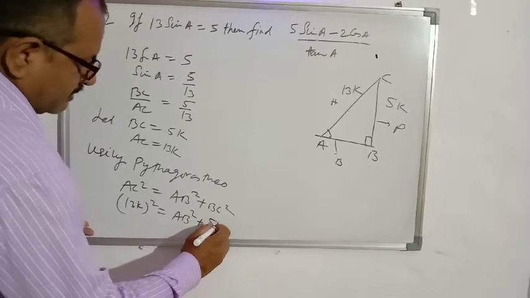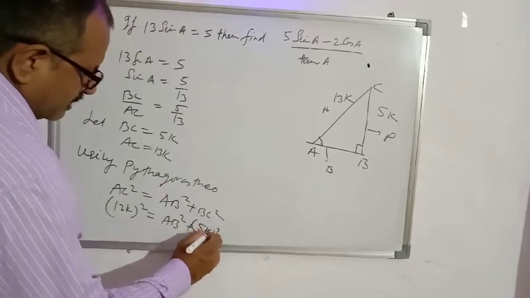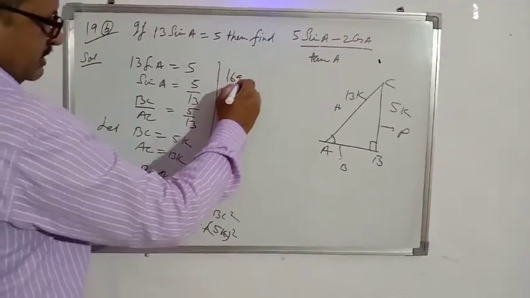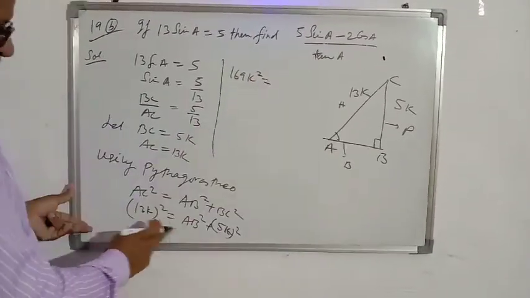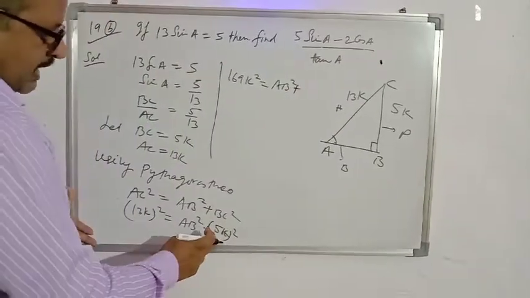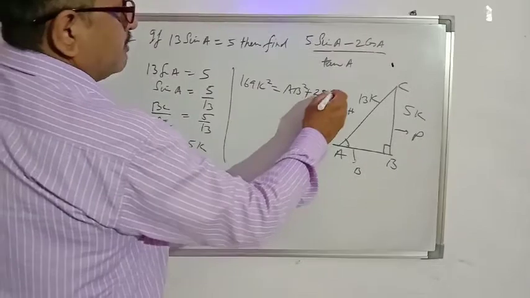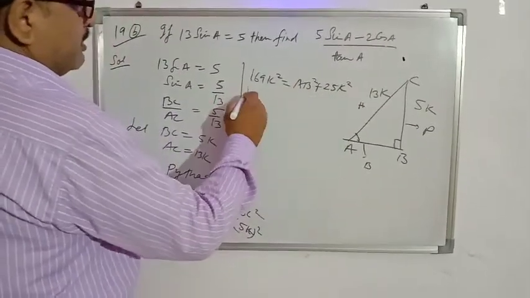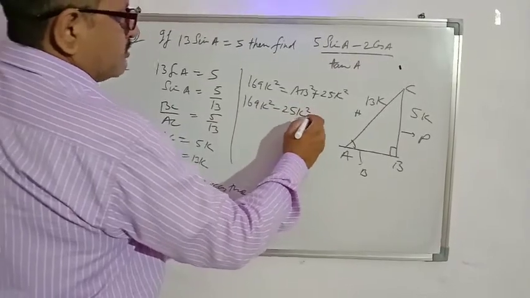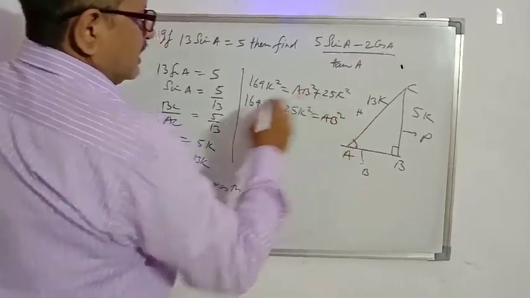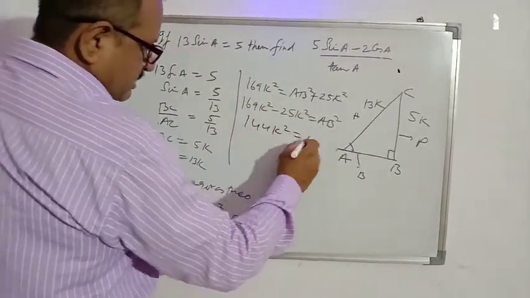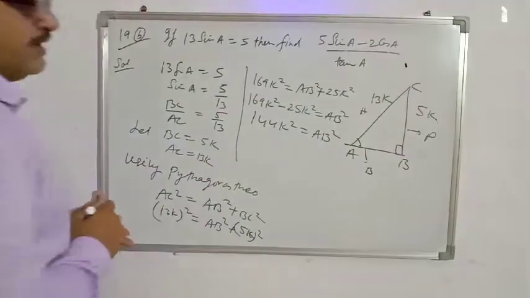BC is given, 5k whole square. So 13k square, it is 169k square, is equal to AB square plus 5k square, 25k square. Transpose 25. 169k square minus 25k square is equal to AB square. When we subtract, we will get 144k square is equal to AB square.